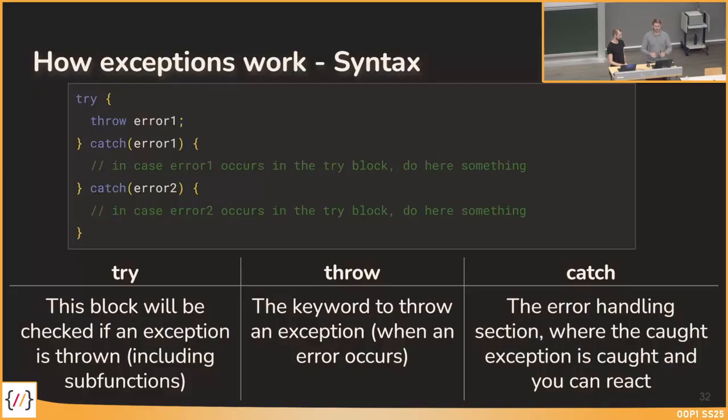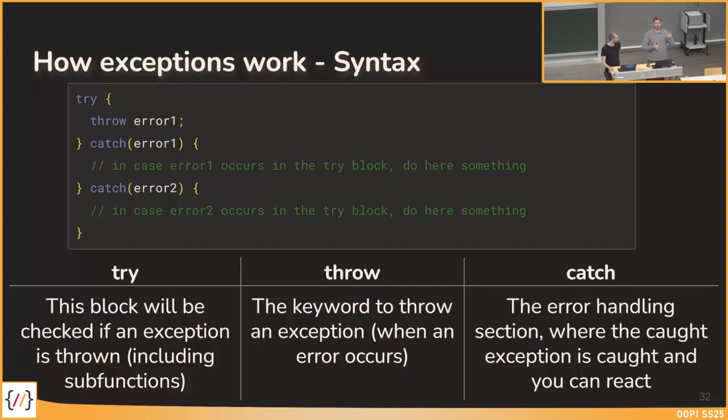So we have the try block and we have the throw keyword here. And then we have one catch block. We can have multiple catch blocks. All of these catch blocks do some kind of error handling. It's an error handling section. We can have different exceptions, we'll see that soon, and handle the different exceptions differently.